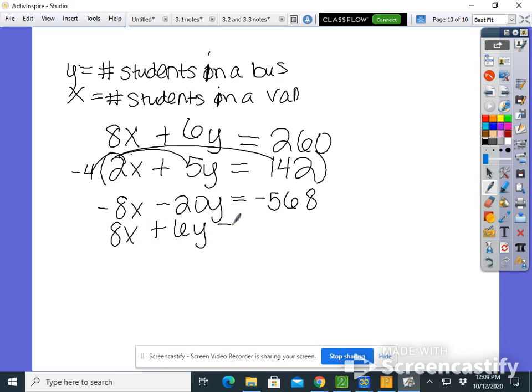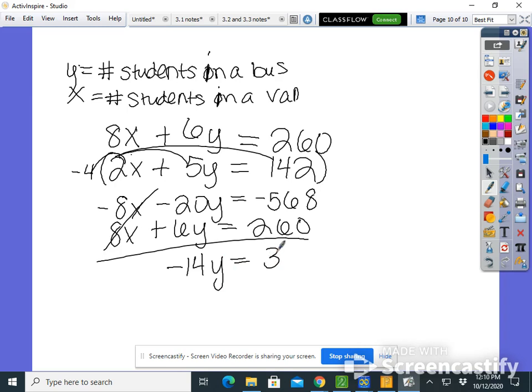Yeah, that's right. So what's going to cancel? 8x, good. -20y plus 6y. And then 568 minus 260, 308, -308.